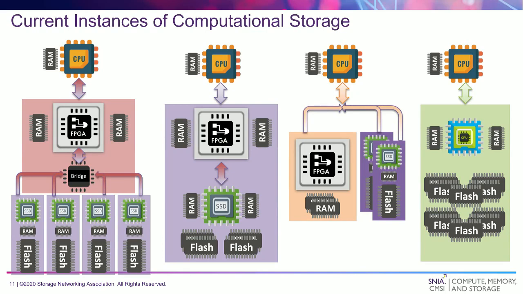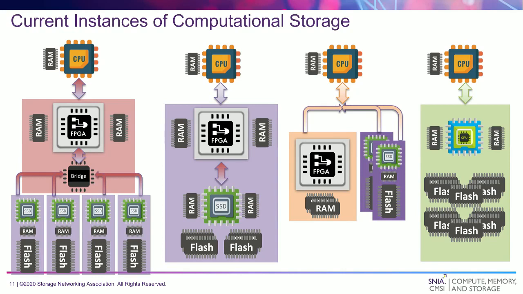So on the left, we have an FPGA connected to a bridge that is connected to a standard SSD, all within one package. The second example is an FPGA that is connected to a standard SSD, all within one package. The third example is an FPGA and RAM that sits on the fabric of the PCIe bus and processes the work.